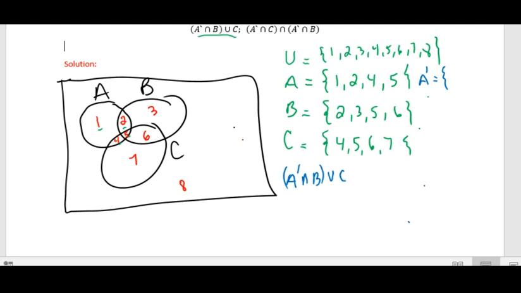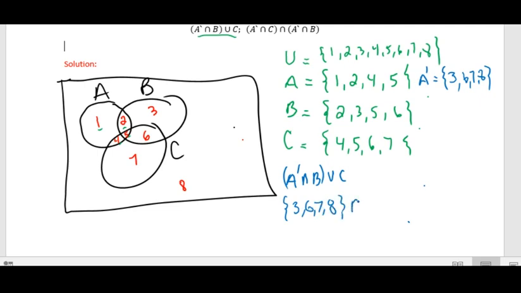The complement is all the numbers that are not part of A but are in the universal set. So 1 is already there, 2 is there, 3 is not in A, so that's going to be part of my complement. 4 is there, 5 is there, and then I have 6, 7, and 8. So here I'm going to write my A complement, which is 3, 6, 7, and 8.